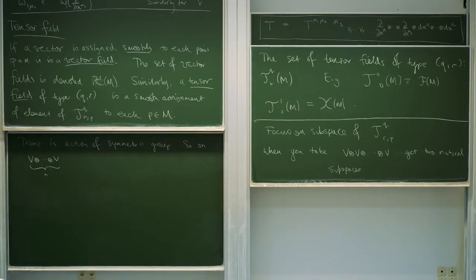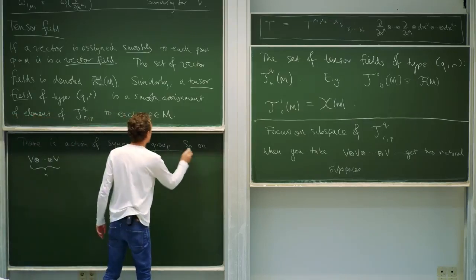So there's a natural action of this thing called the symmetric group on n copies of a vector space.